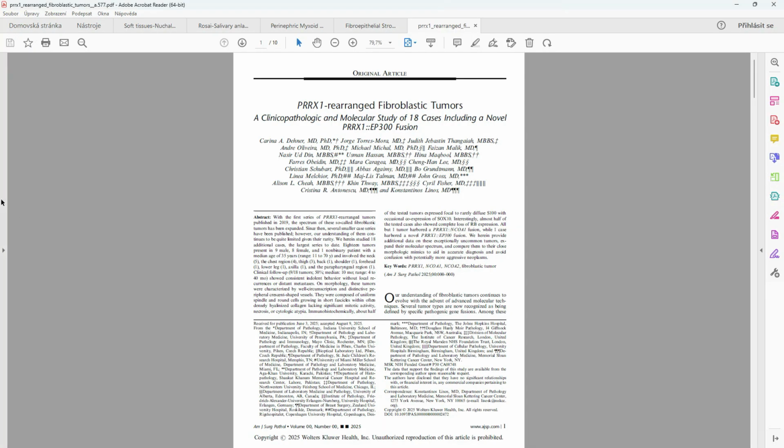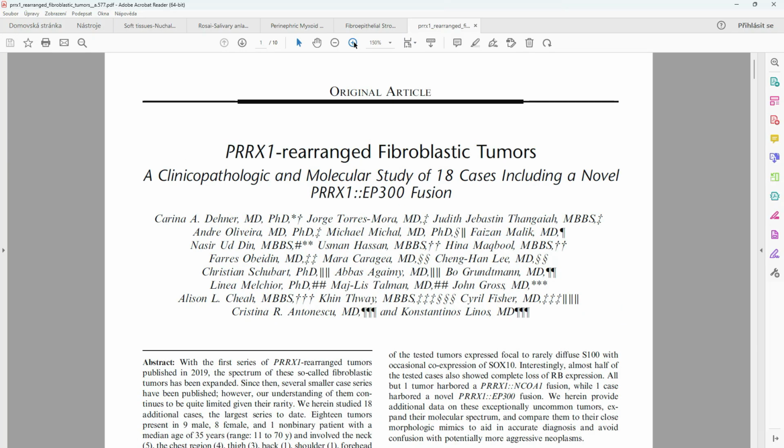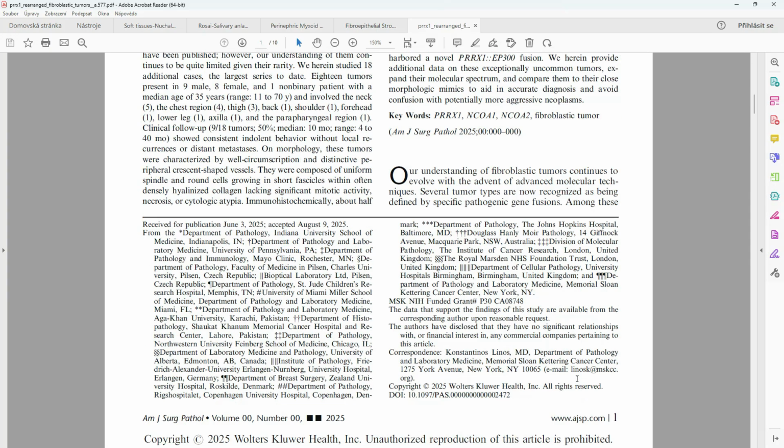And this is in the upcoming WHO classification. This will be a newly included entity, PRRX-rearranged fibroblastic tumors. This is the largest series of these cases, which is in press now in AJSP.